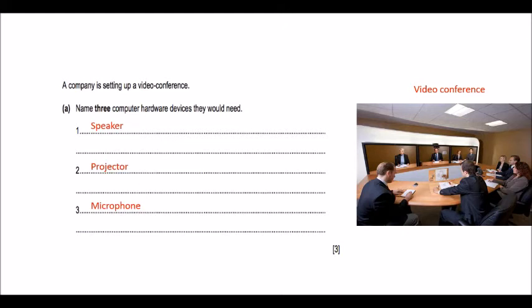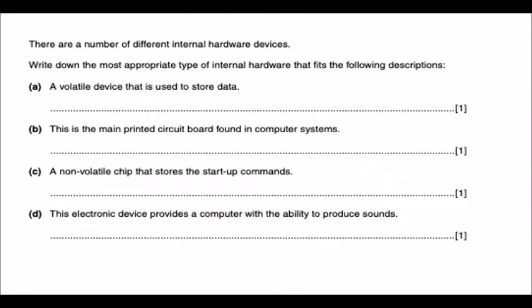But since this question is 3 marks, you need to give only 3 answers. Write down the most appropriate type of internal hardware that fits the following description. A volatile device, that is, do you remember what we say about volatile when we are talking about types of computer memory?